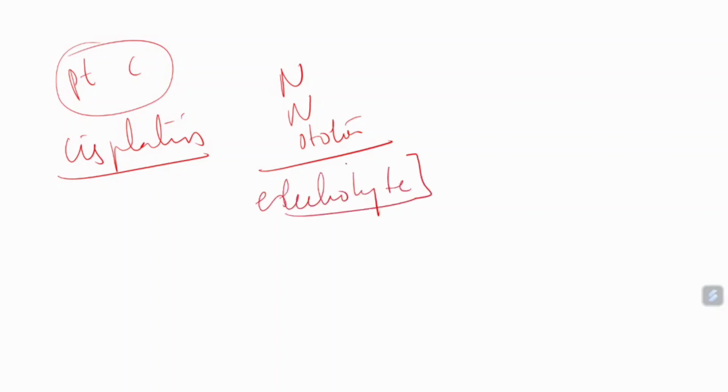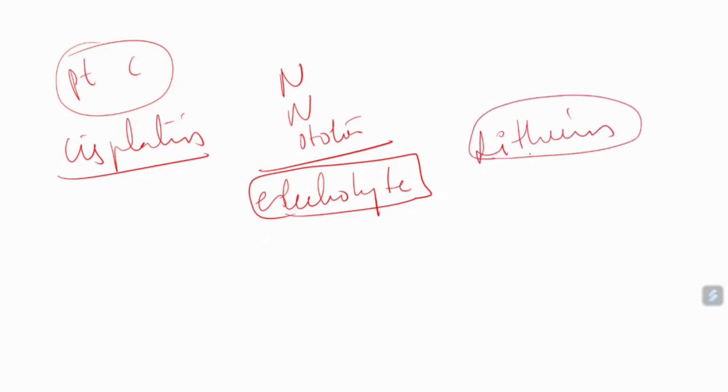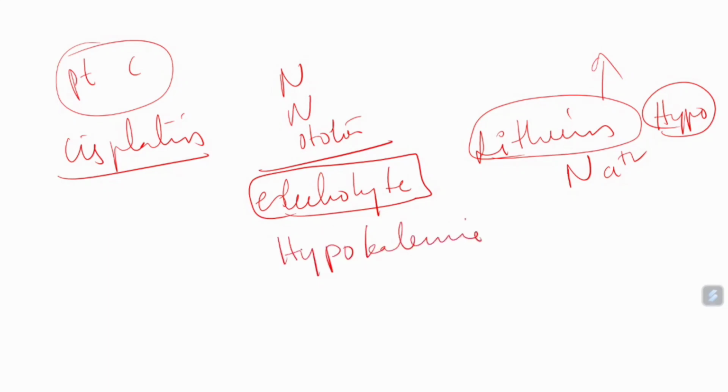While explaining lithium, I said lithium is very similar to sodium, so lithium toxicity increases, especially when a patient has hyponatremia. In the same way, platinum containing compounds also cause some electrolyte imbalances. It causes hypokalaemia, which is a decreased amount of potassium in the body.